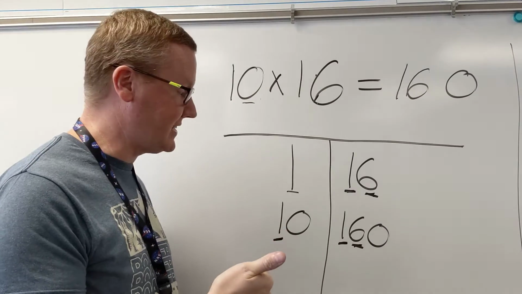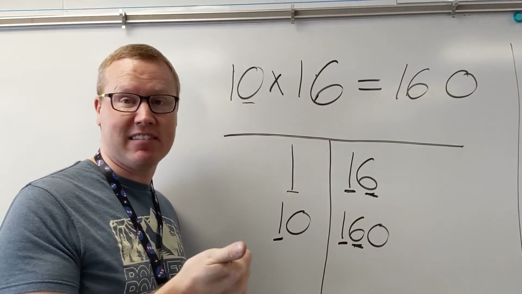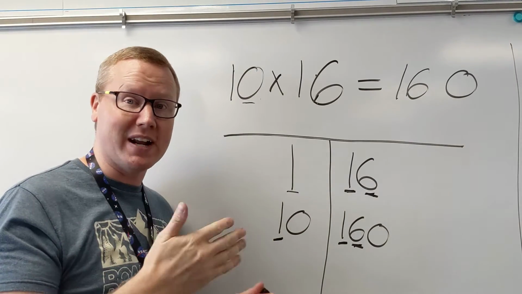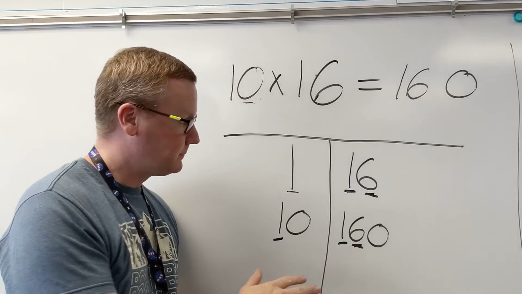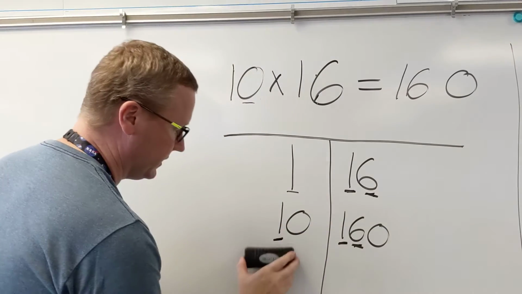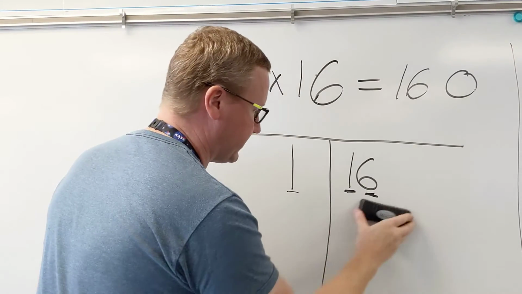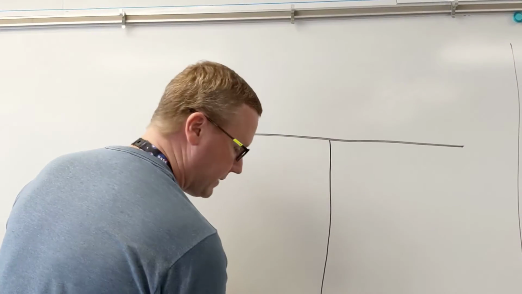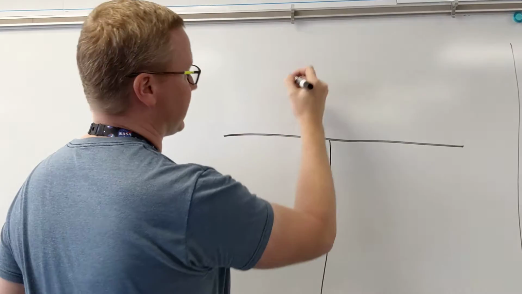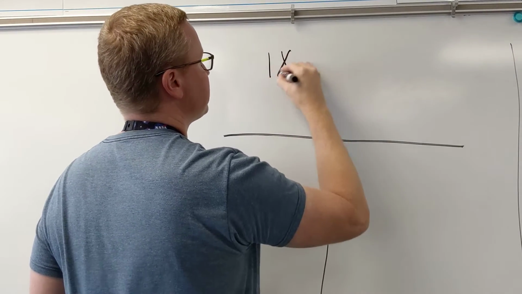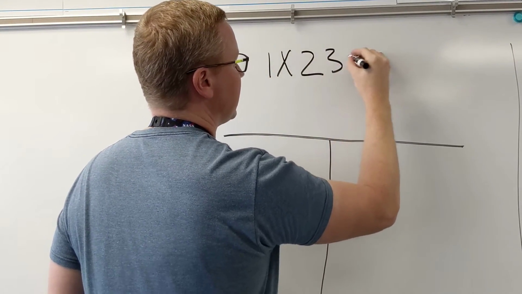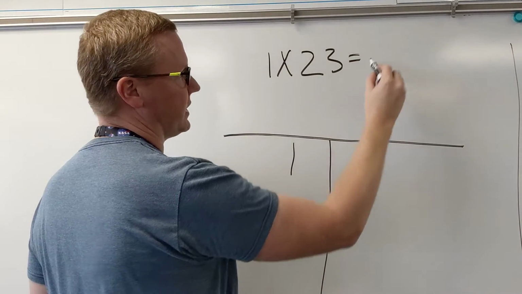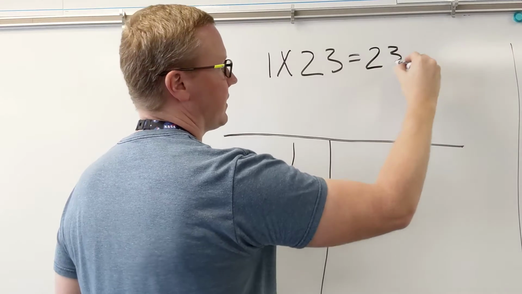So if you were multiplying by 10 and you had a number in the 10,000 spot, it would go to the next biggest spot, which is the 100,000 spot. Let's look real quick if I were to do that with some new numbers. What about 23? 1 times 23 equals, we know one group of 23 equals 23.